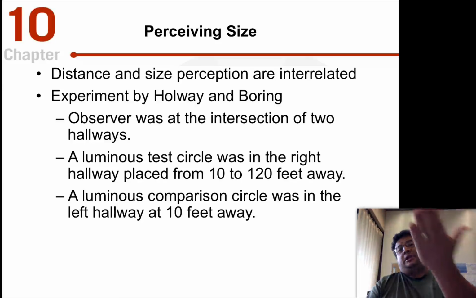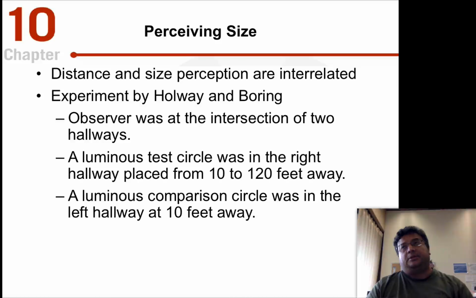So judging relative distance is one thing. The other thing that we do with our visual apparatus is perceive sizes of things. Obviously, distance and size perception are related, because things that we know about, like cars and people, get smaller, or they appear to get smaller as they're further away.